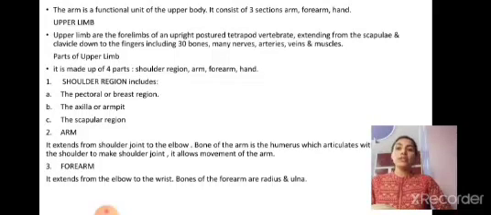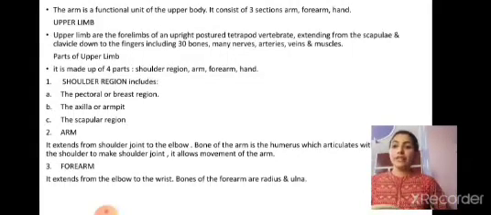It includes the pectoral or breast region, which is present on the front part of the chest. The axilla or armpit, our underarm area, is also called axilla. The scapular region, which is present at the back of our body, mainly at the upper back.